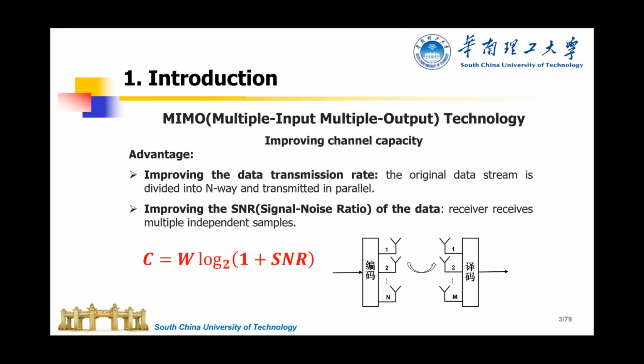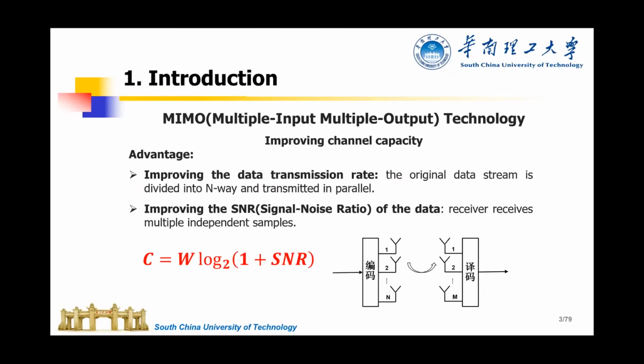My research is on the MIMO technology. We know in the 5th generation mobile communication, the MIMO technology is a very important technology. For this method, you have 2 advantages.